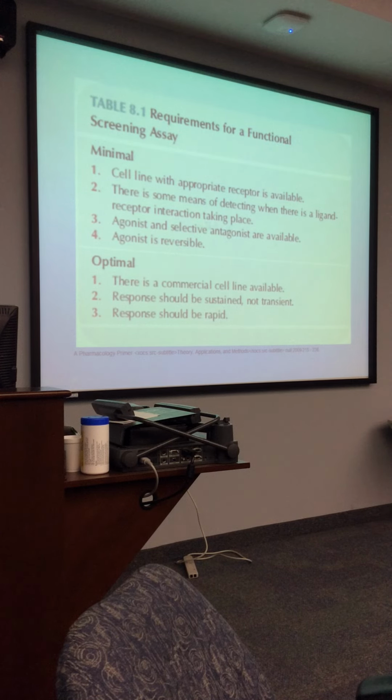And sometimes you want to block the response, and that's what we call an antagonist. So an agonist is something that's going to cause the response, an antagonist is going to block it. So you need to have a cell line. Some people make their own, other people buy cell lines that are readily available.